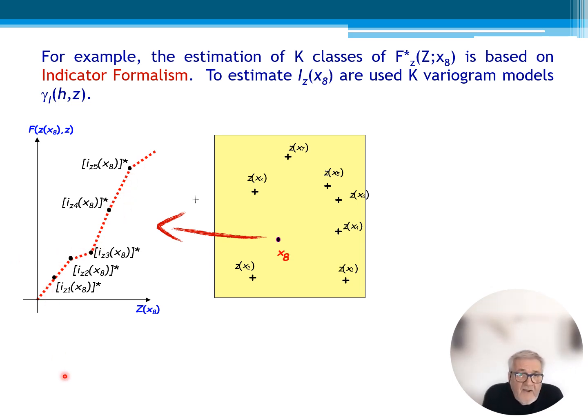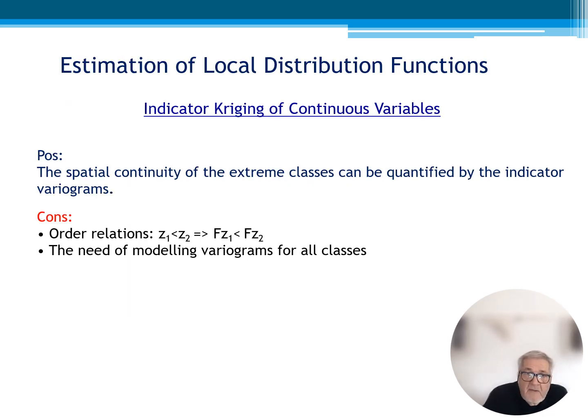We have 5 models of variograms, and we have to calculate and model those variograms. So this is basically, in a simple way, how the indicator formalism works to estimate local distribution functions of the original variable z of x, such as porosity, permeability, metal grades, and so on.